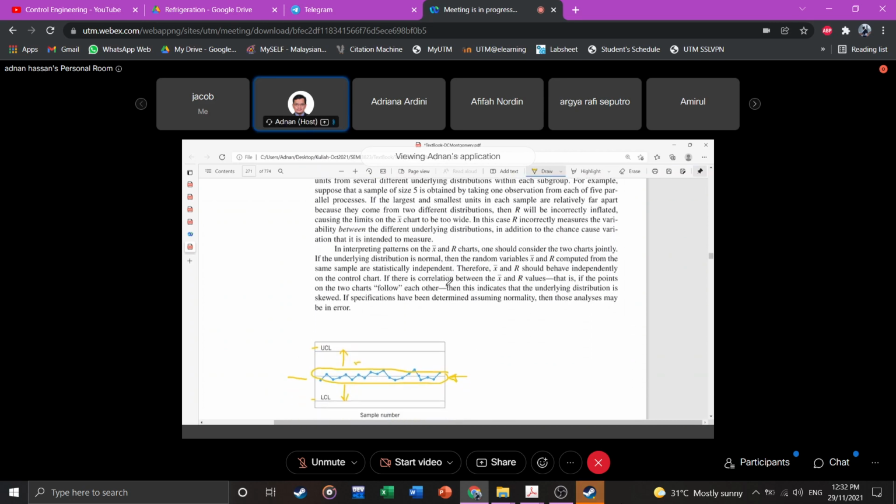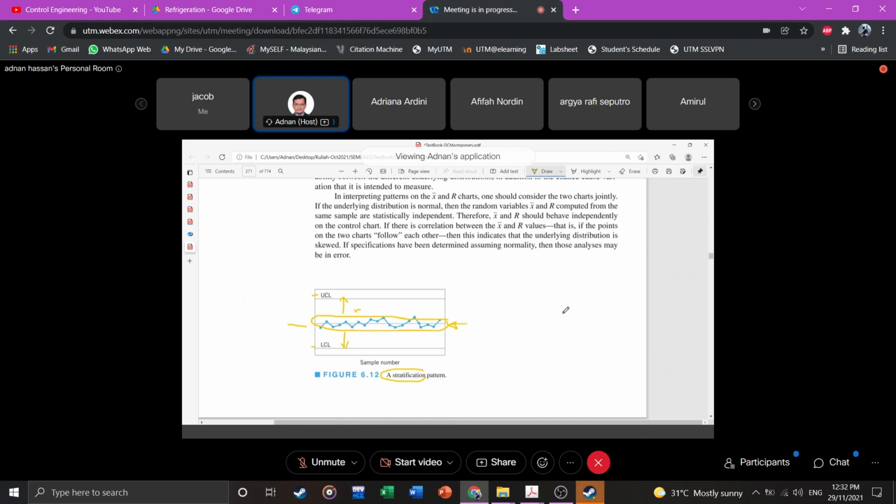Any questions so far? This can be automated. We can use automation to recognize this because our eyes cannot detect this pattern, especially in an automated system.